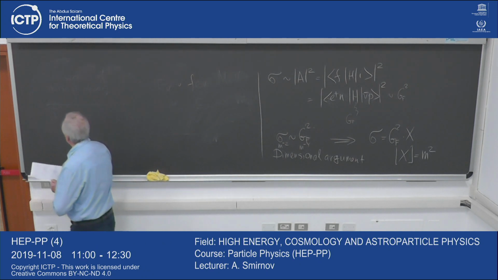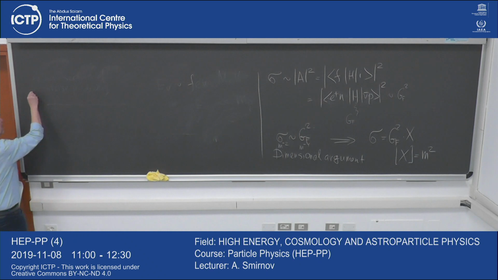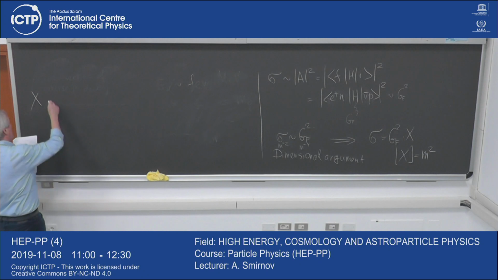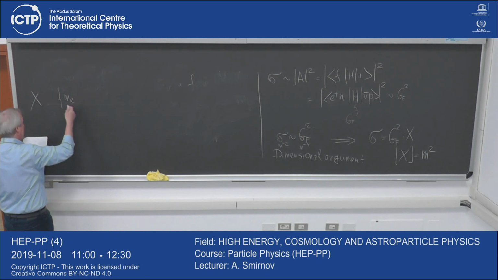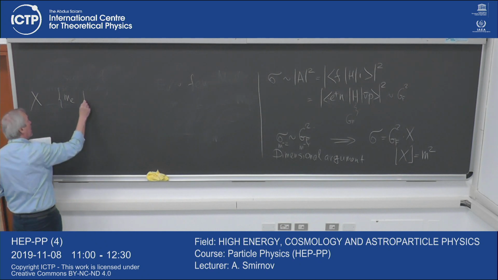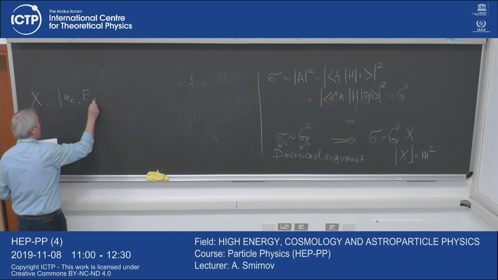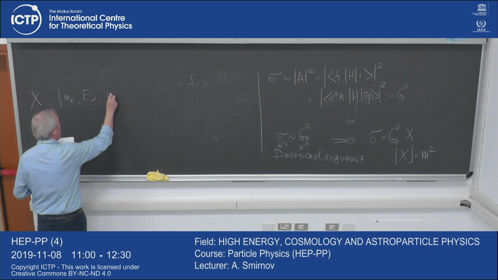What are the parameters of mass or energy in the problem? Those are the mass of the electron, positron, the energy of the neutrino, and the mass of the proton.